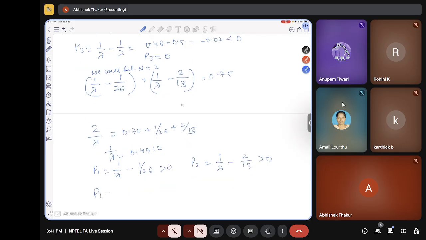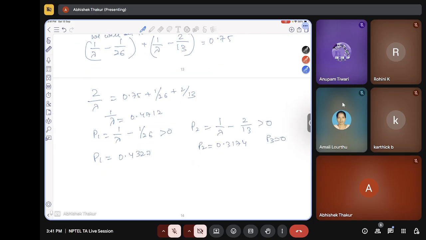So we find that P1 is equal to 0.4327 and P2 is equal to 0.3174 and P3 is equal to 0. We can find it in dB also. So 10 log 10 P1, when you do this, you will get a value somewhere near minus 3.63 dB. You can do this calculation. And 10 log 10 P2, we will get as minus 4.98 dB.